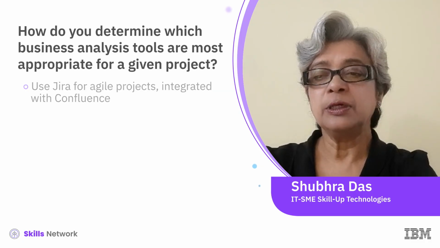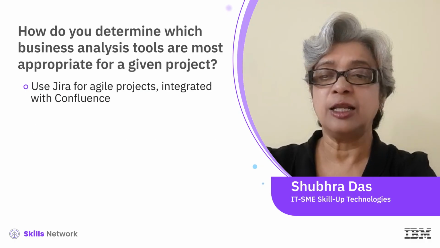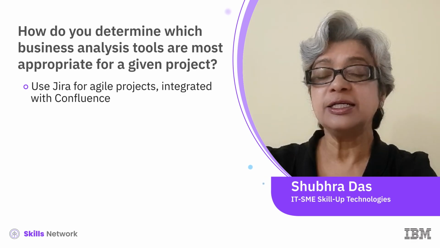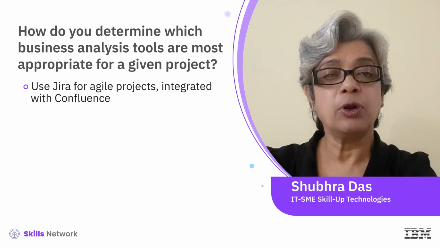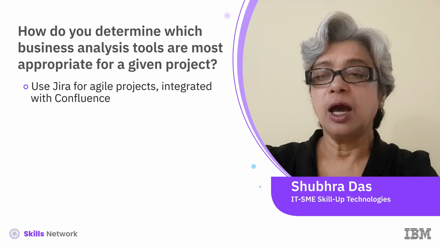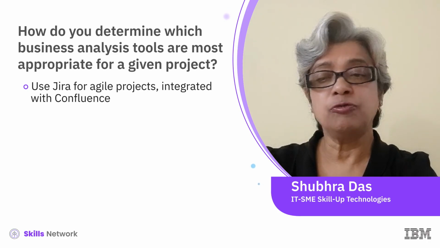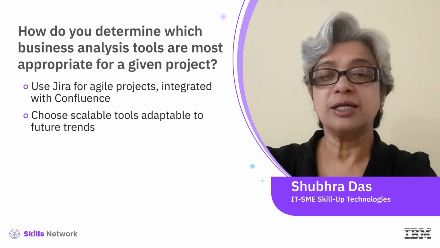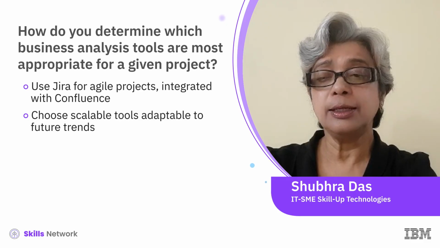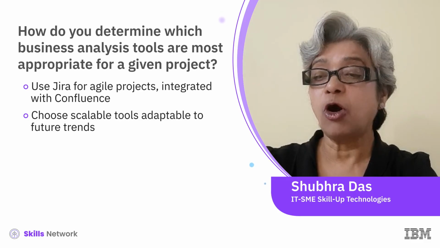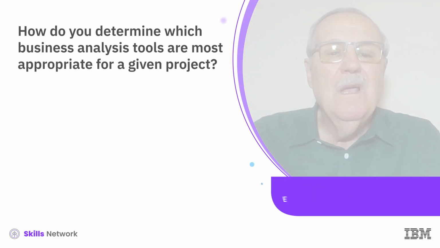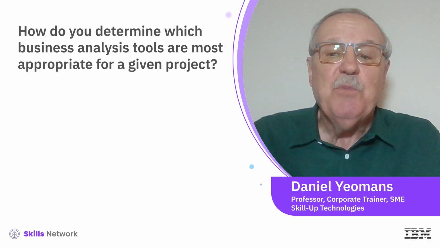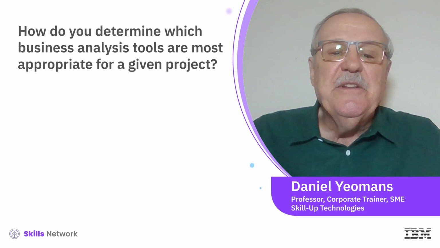For example, Jira is ideal for agile projects due to its user-friendly interface and integration with Confluence for documentation. I also keep an eye on future trends to ensure the tools we choose are scalable and adaptable to evolving business needs. To determine the most appropriate business analysis tools for a given project, consider the following tips.